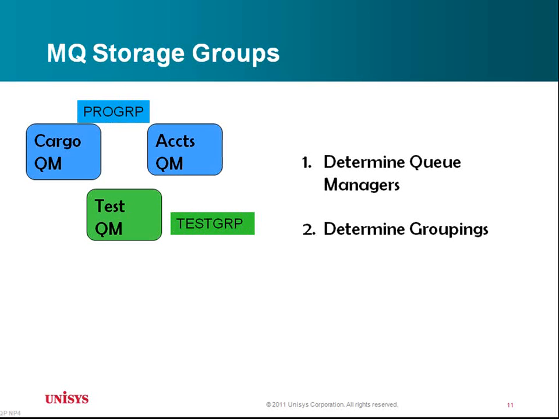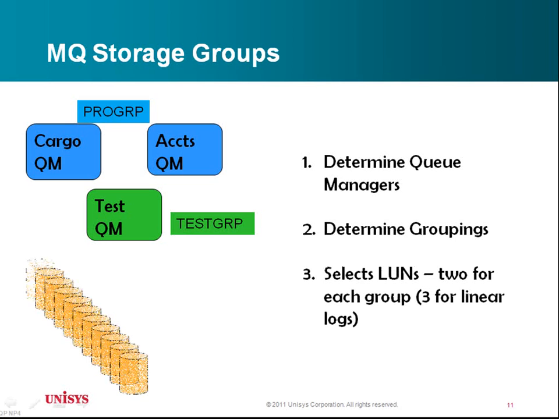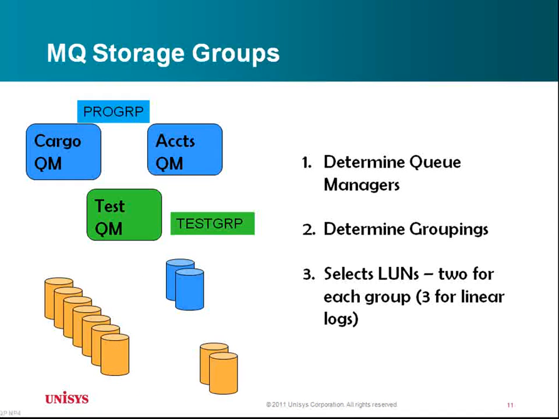After the queue managers have been identified, determine the groupings. Groupings are defined by collecting one or more queue managers into the same MQ storage group. Then, from your available LUNs on your external storage, select which LUNs will hold each queue manager group.